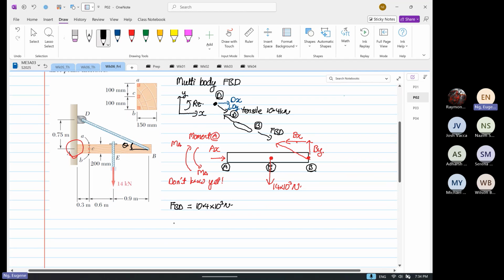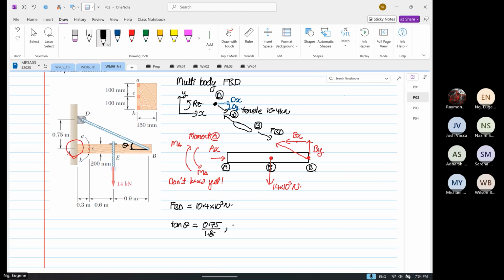So we know that tangent theta is equal to 0.75 divided by 0.9 plus 0.9, which is 0.9 plus 1.8... 0.75 divided by 1.8, inverse tangent is equal to 22.6 degrees.